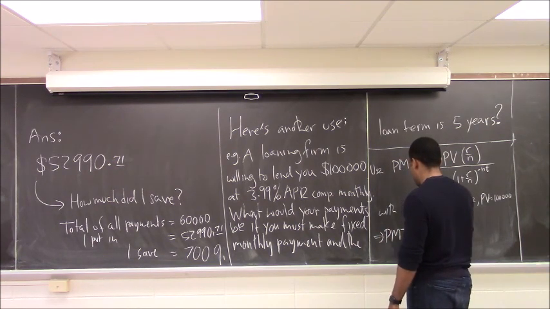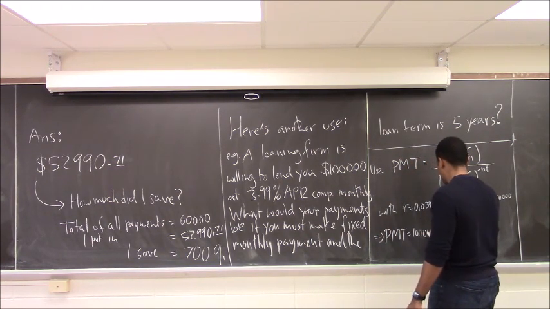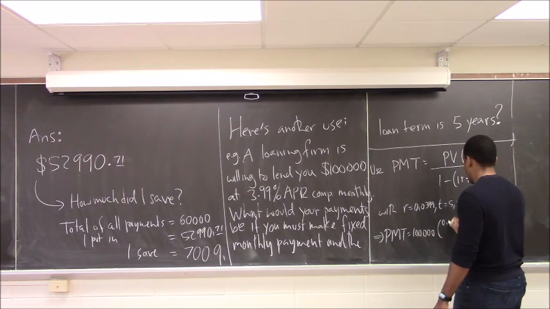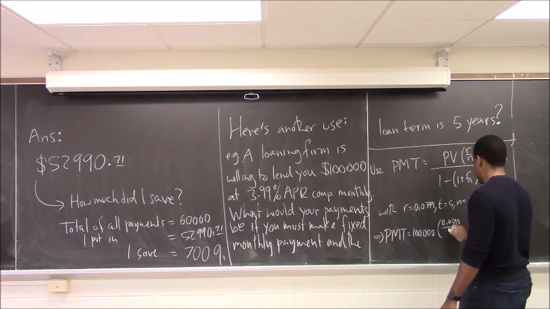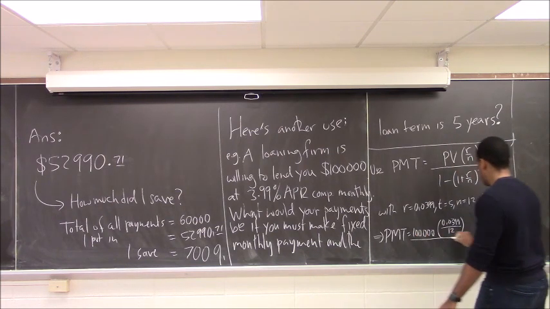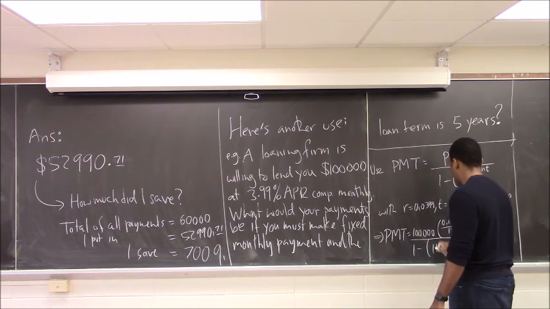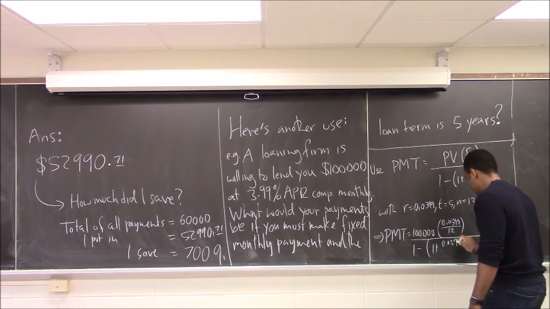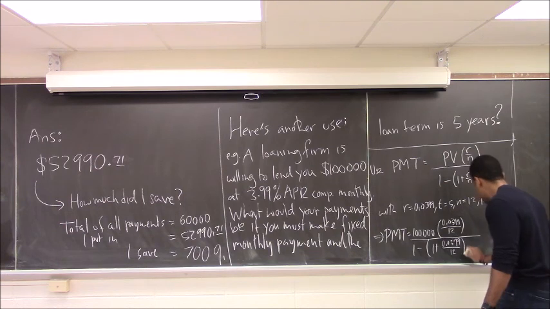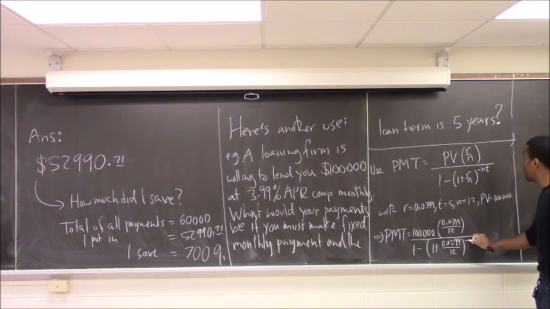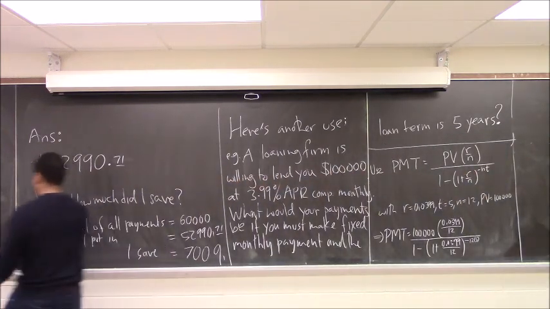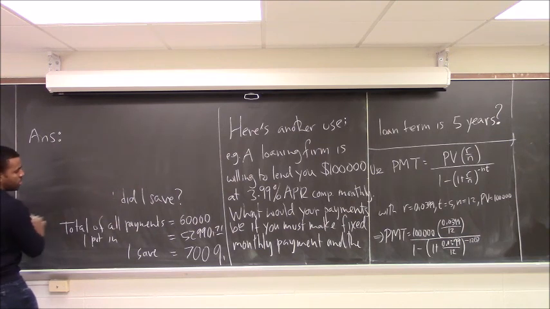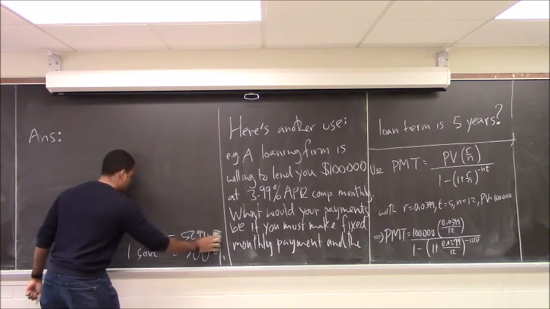The payments that you will need, it's going to be 100,000 times 0.0399 over 12 over 1 minus 1 plus 0.0399 over 12 to the minus, well, it's going to be to the minus 60, but technically it's 12 times 5. You can type 60 in your calculator, it'll be easier. So, what's it going to cost to borrow 100,000 like that?